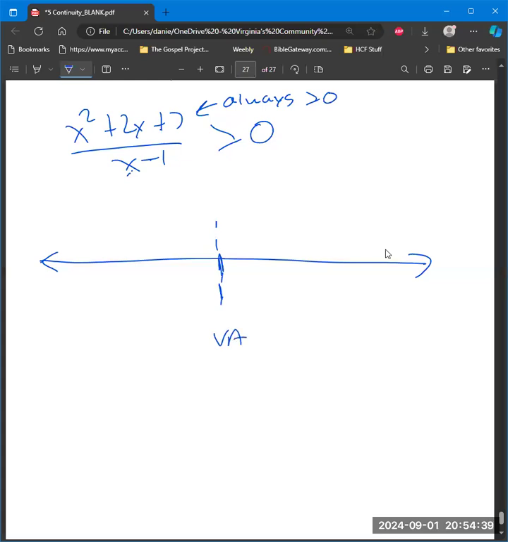And we don't have any solutions up there where that becomes 0 that are real numbers. So to the left over here, this will be positive divided by a negative, which will be a negative. Over here will be a positive. So it's continuous on 1 to infinity.